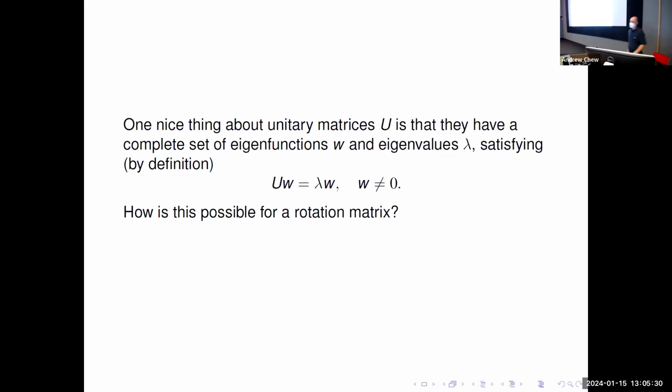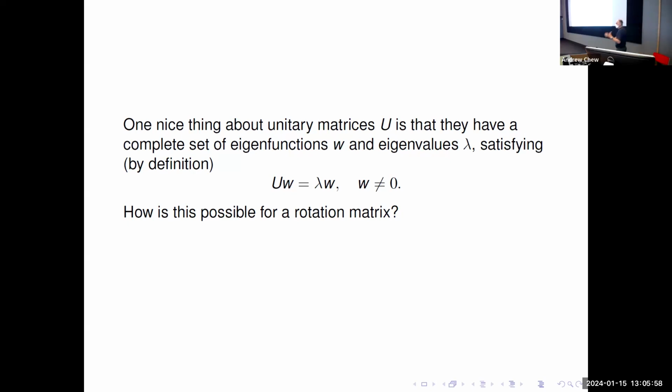And unitary matrices have a lot of nice properties, and one of them is that they're diagonalizable in the sense that they have a complete set of eigenfunctions and eigenvalues. So if the eigenfunction is W and the eigenvalue is lambda, that means we get a basis of W so that U of W is lambda times W. Okay, that's just the eigenvector equation.